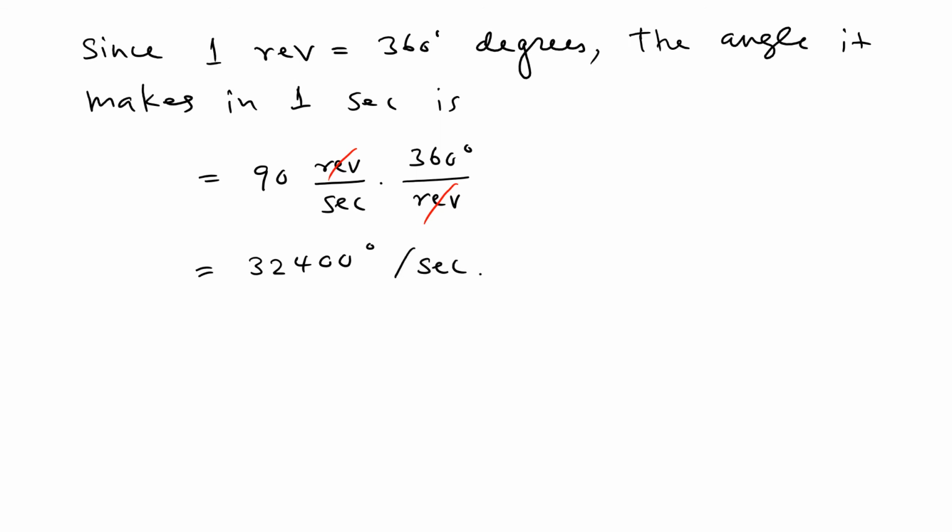It's going to make this many degrees in a second, and you can see it's really fast. This is like a standard hard disk drive. They go at either 5400 or 7200. Those are common values. It's going to be in the range of 5400 to 7200 RPM.